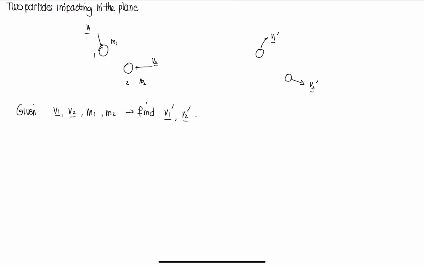So these are basically four scalar unknowns, and to find these scalar unknowns, we need four scalar equations. Great. So where are these four scalar equations going to come from?